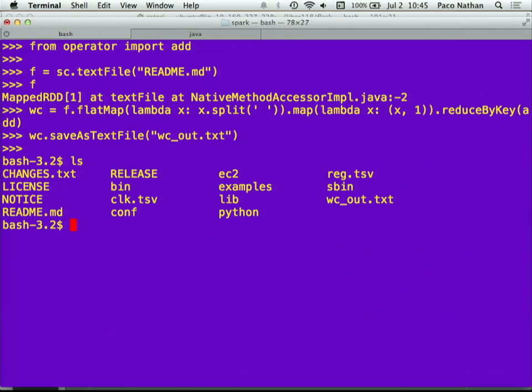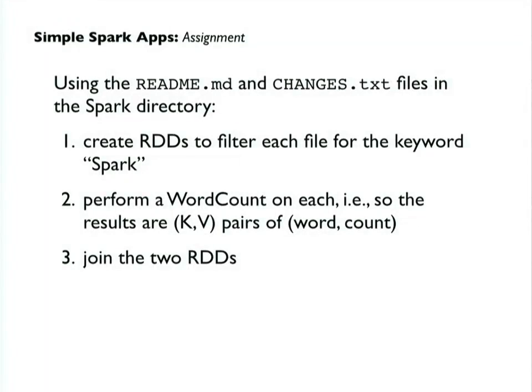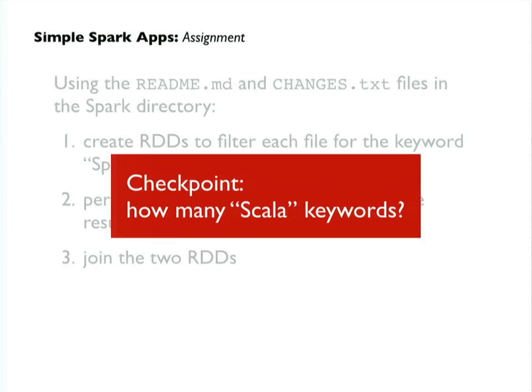Those should both be there in the local directory. So for the assignment, create a word count out of both of those files and then join it together so that we can see what the combined tuples look like. And I think the question on that is how many Scala keywords show up in the different files respectively.